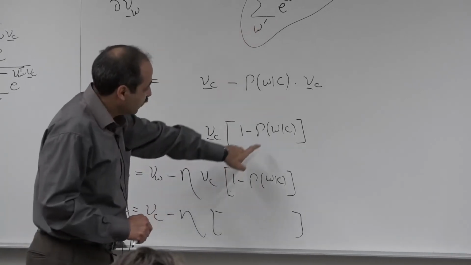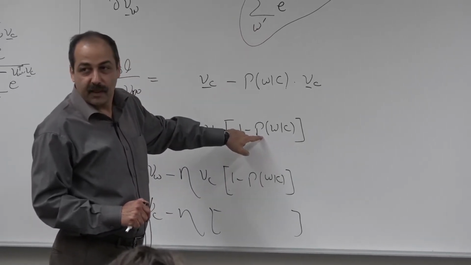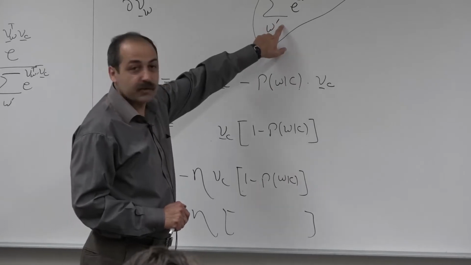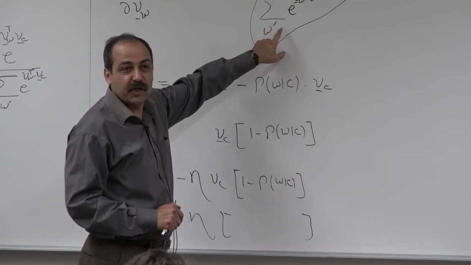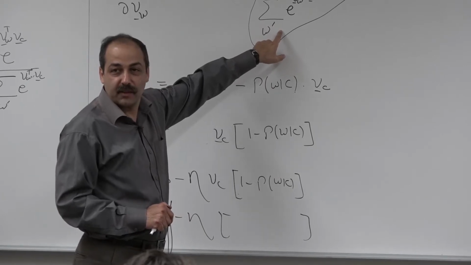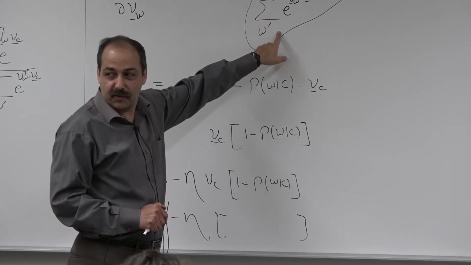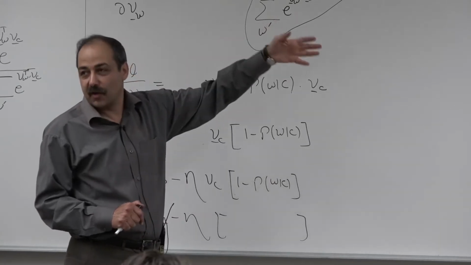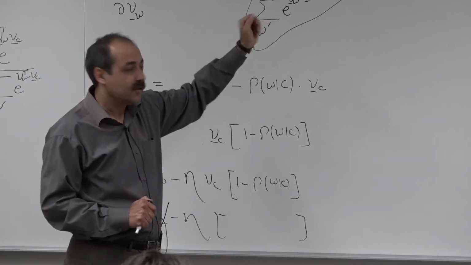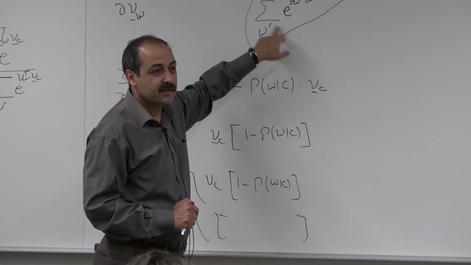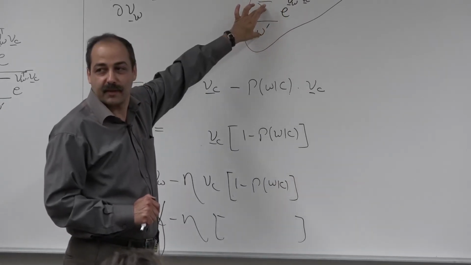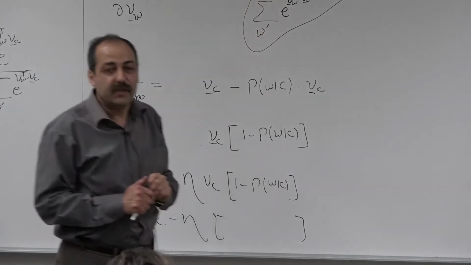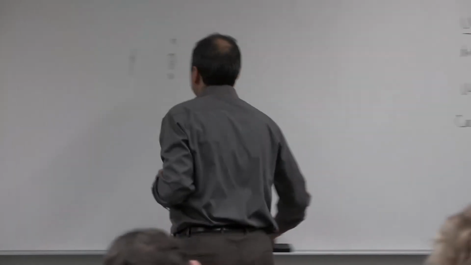In each iteration, you need to compute this P. To compute this P, you need to compute this normalization factor, and this normalization factor is a summation over all words in the vocabulary. When the corpus is large, the number of words in the vocabulary is really large, and so it takes so much time in each iteration to compute this sum. So that's basically not what is used in practice.